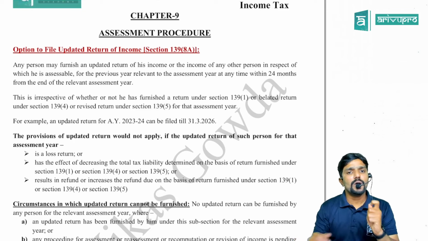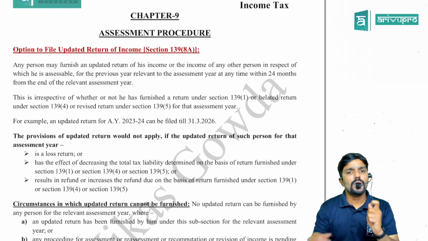Clear? I repeat once again because there might be a confusion here. See, assume you already filed a return for assessment year 23-24 for a loss of 3 lakh and you also already filed a return for assessment year 24-25, that is next year. Now, within the time limit given for updated return, you are updating the return for assessment year 23-24 by disclosing the income of 5 lakh.